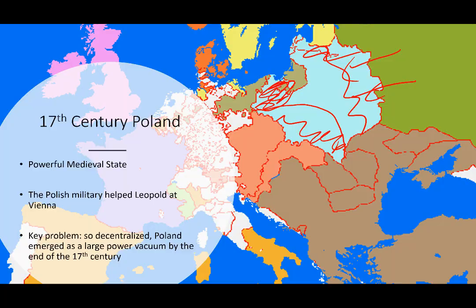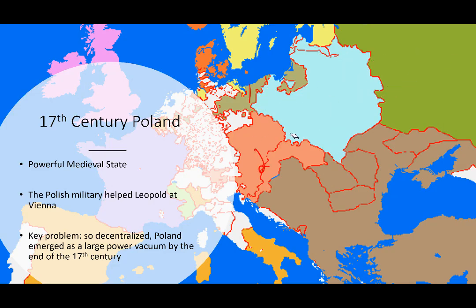So as we go into the 1700s, Poland is in a position to become a theater of war between those three countries. And there's nothing Poland can do about it. I'll jump ahead. In 1795, Poland will cease to exist. And we'll see how that plays out.